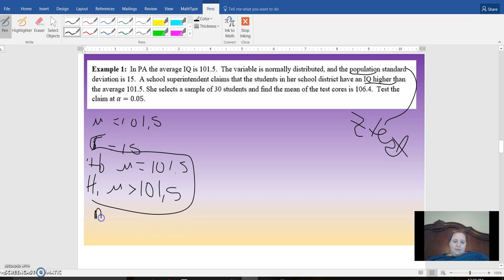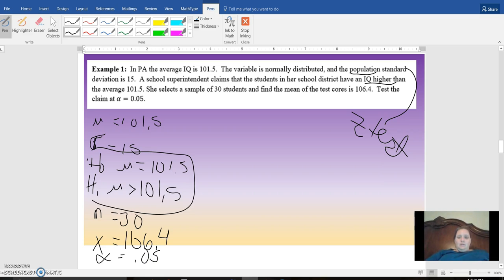She selects a sample of 30 students and finds the mean to be 106.4. Test the claim at alpha equals 0.05.